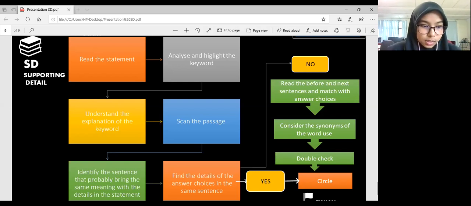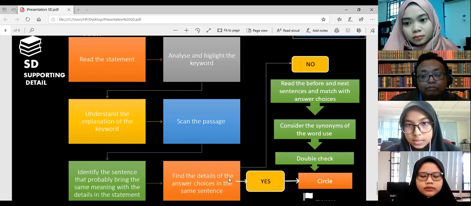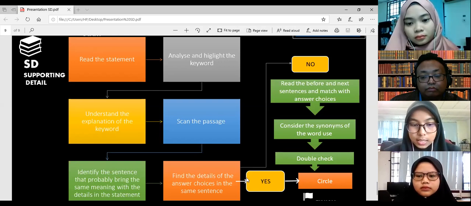Next, we need to find the details of the answer choices in the same sentence. We need to take a look at the answer choices and find the details in the option, if it has the same sentences or statement from the passage. And if yes, and it has the same statement or phrases from the passage, then circle the answer.